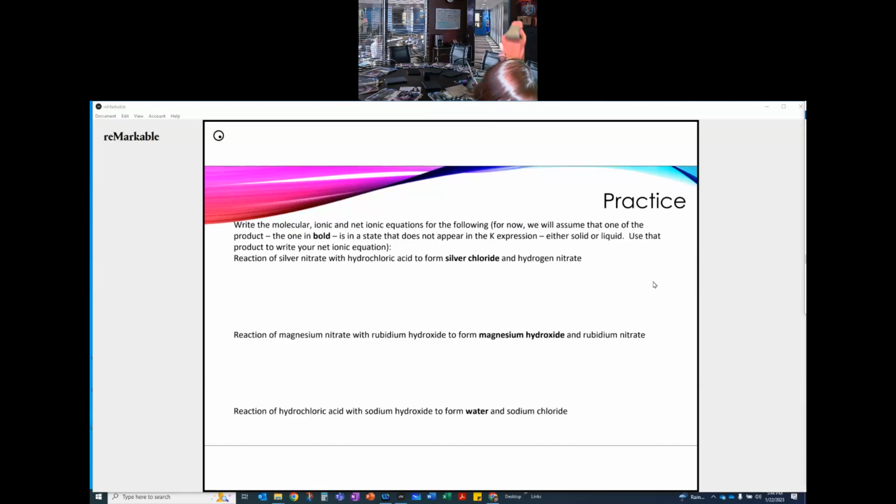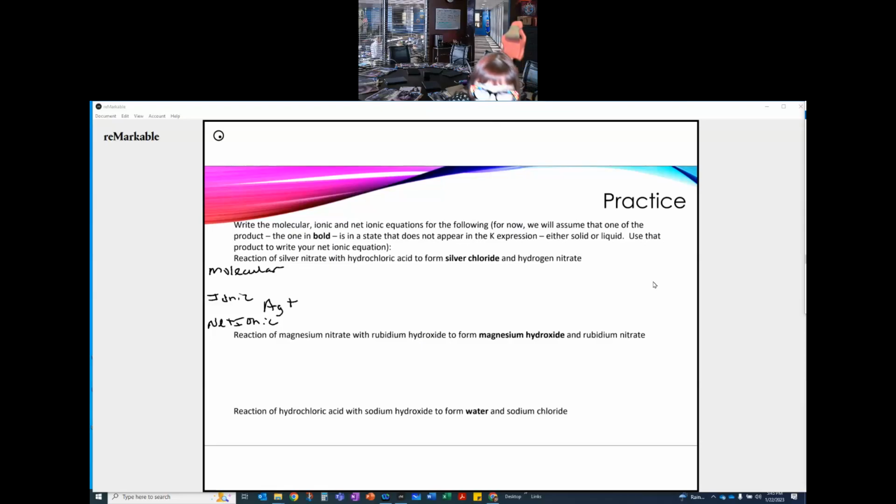So silver nitrate. Now, as I said, I'm going to write a molecular, an ionic, and a net ionic for this. I'm going to write the ionic first. So silver is an Ag+.